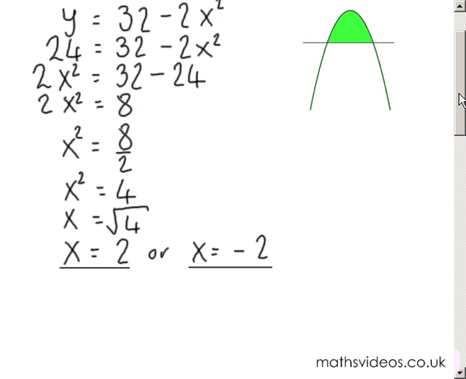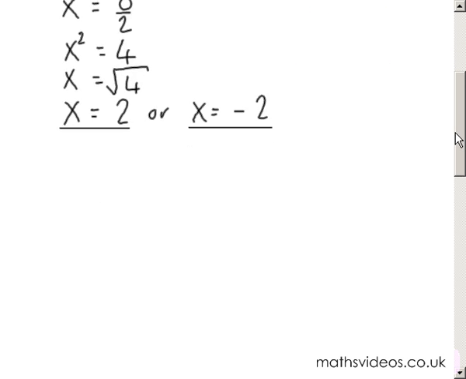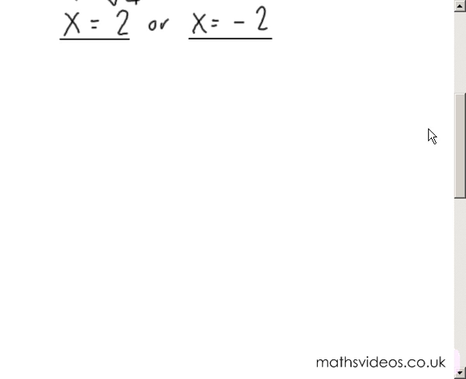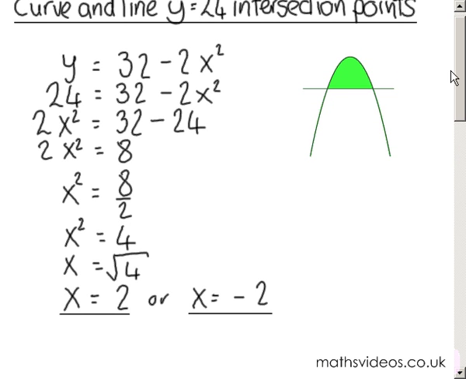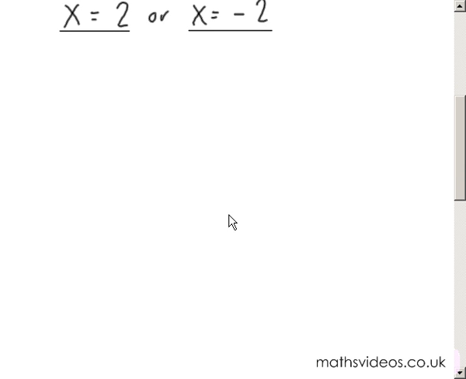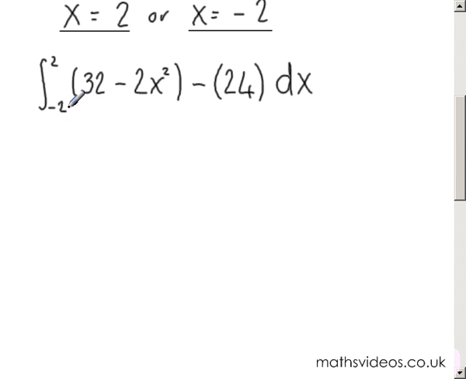So now we need to set up our integration. So this time we're integrating between 2 and minus 2. Again, if we look at our curve, the curve represents the upper boundary, so it's going to be the curve take away the line. So if we set that up as follows, we have our curve take away our line.